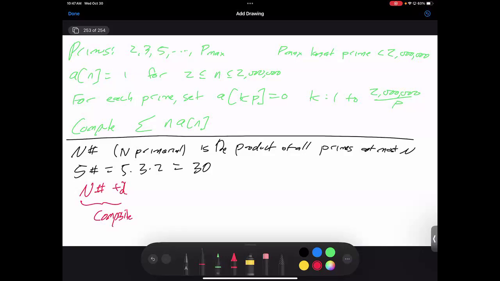Can you give me a number that divides n primorial plus 2? 2. What about n primorial plus 3? Is that composite? Yes. What divides it? Okay. n primorial plus 4. Is that composite?